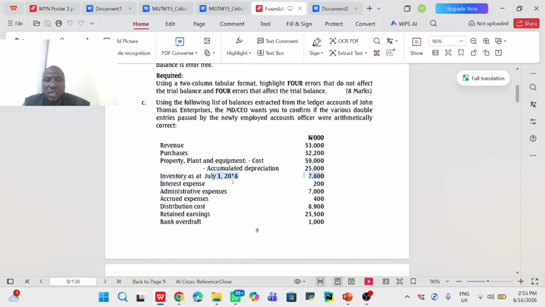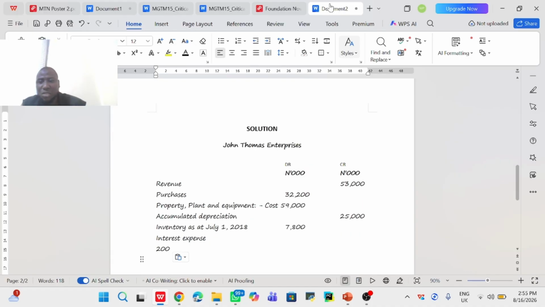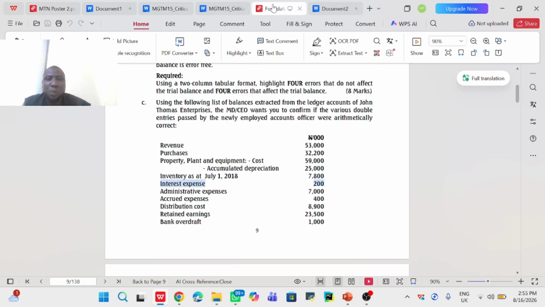Interest expenses. Interest expenses is an expense, right? The interest you paid on a loan. You collected a loan and you are paying an annual interest.